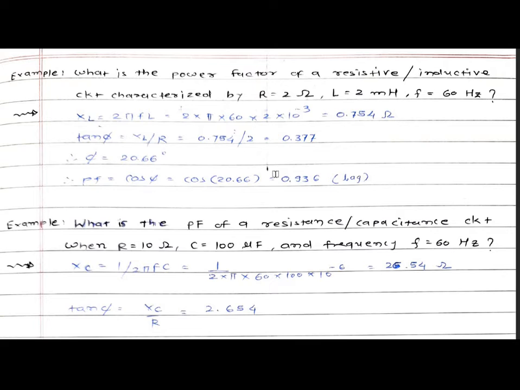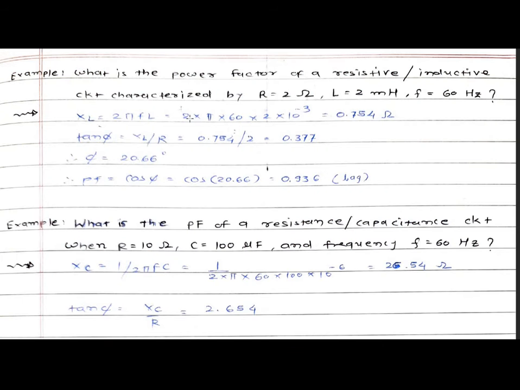Now an example: what is the power factor of a resistive-inductive circuit characterized by R equal to 2 ohm, L equal to 2 millihenry, and frequency equal to 60 hertz? We know the equation of XL is 2 pi FL.